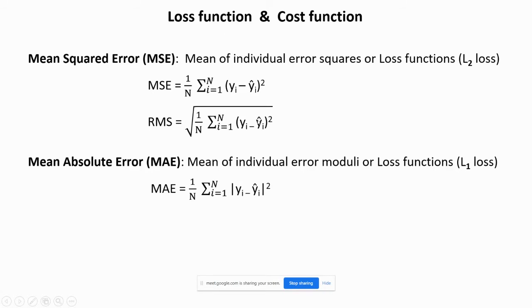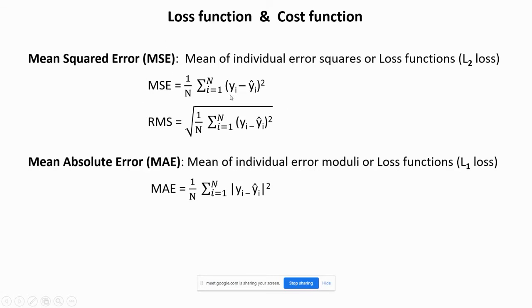So that is how you define your error. There are various kinds of definitions of your error. These are a few examples, but like I said, you could have a weighted loss function, you could have n number of loss functions, and based on your loss function you could define your cost function. These are a few cost functions which you could define and try to minimize, and these formulations are shown here.